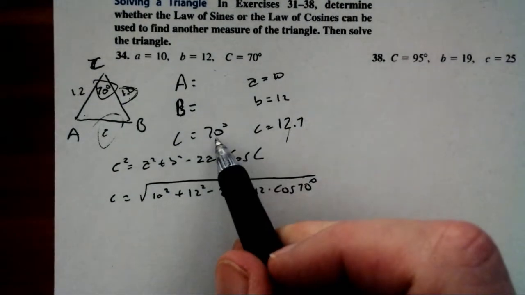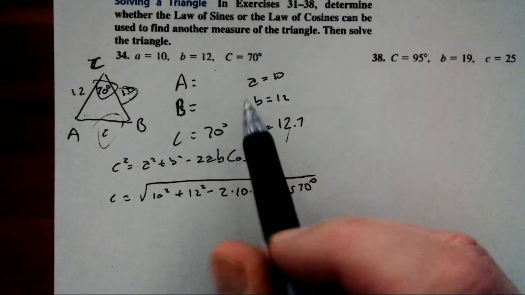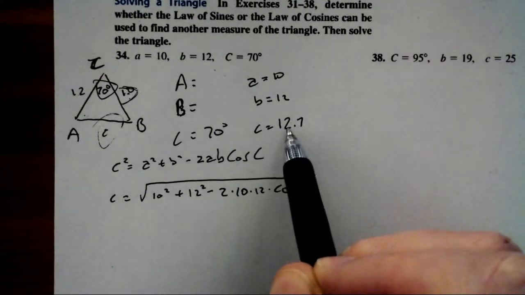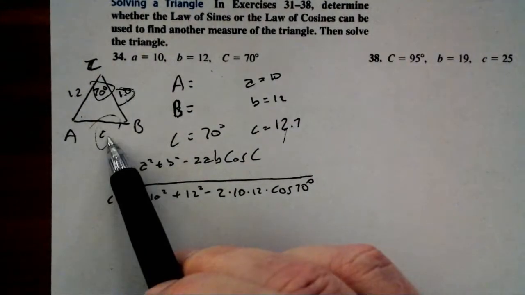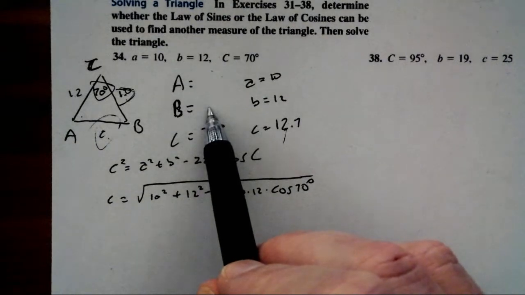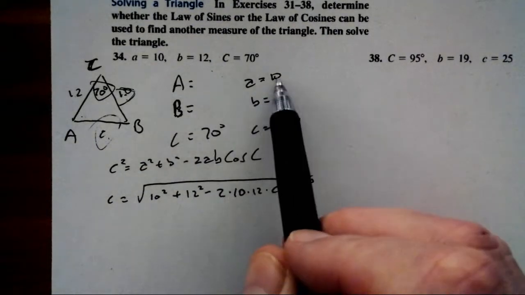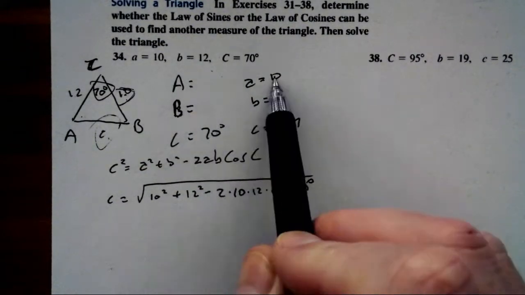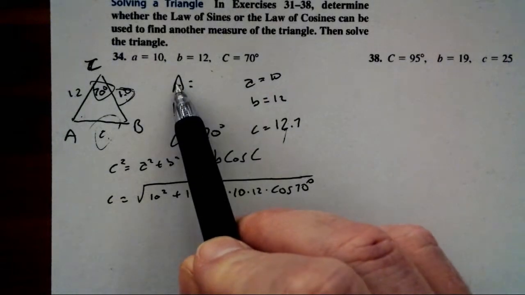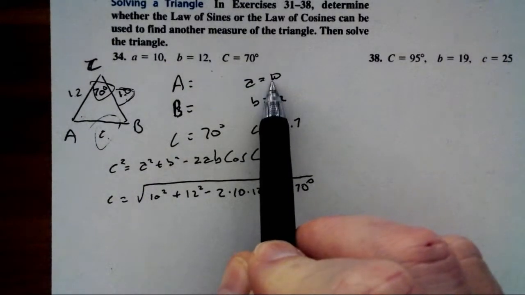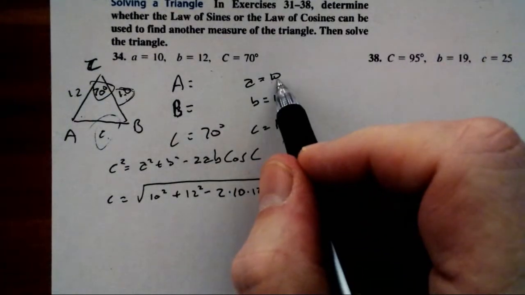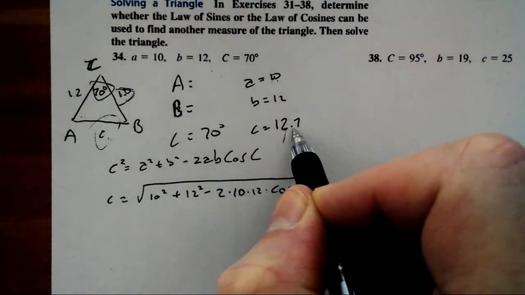So typically, after we find the first side on a side, angle, side problem, we're going to be finding an angle. We should find the small angle, in this case A, with Law of Sines, so it doesn't lie to us about an obtuse angle being acute. We've talked about that. So in this case, we're safe though, because 12.7 is the bigger.